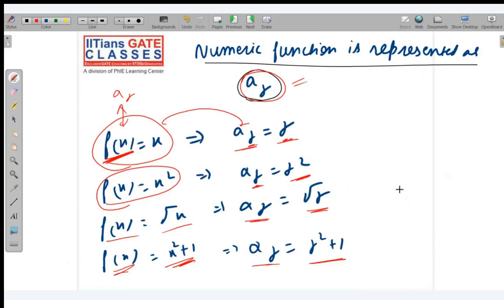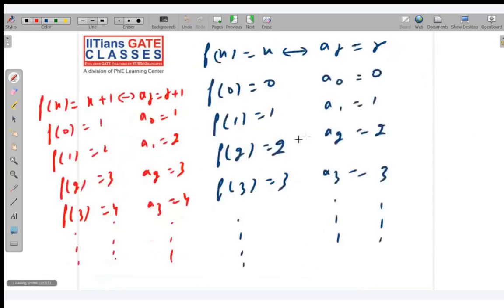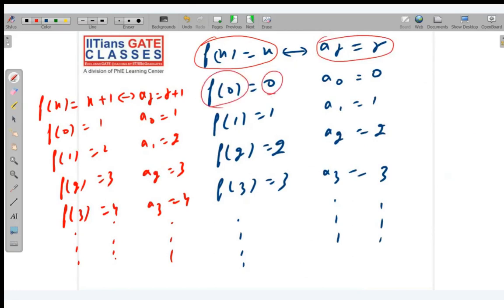Done? Okay, so let me jump to the next slide. Now say f(x) = x, so the corresponding numeric function will be a_r = r. I have told you. So f(0) is 0, that means when input is 0, output is 0. f(1) is 1, so when input is 1, output is 1 for the function. f(2) is 2, f(3) is 3, like this, because f(x) is x only.